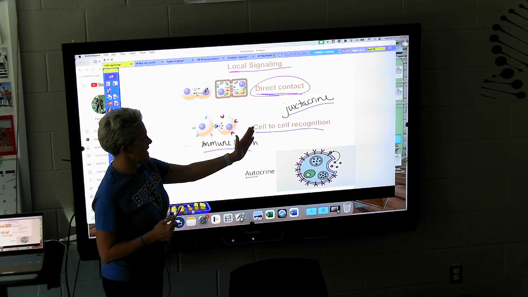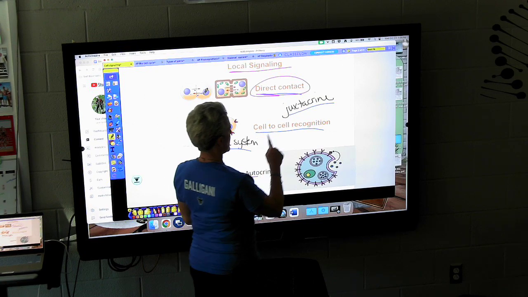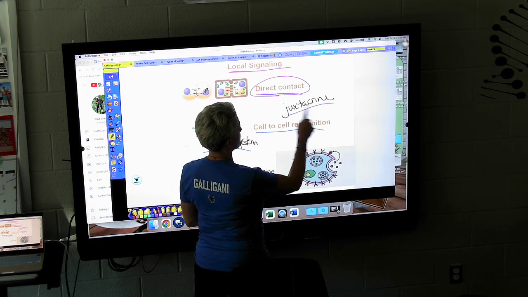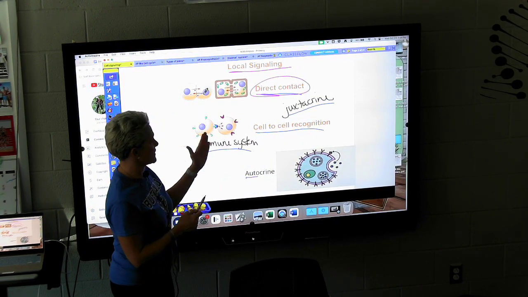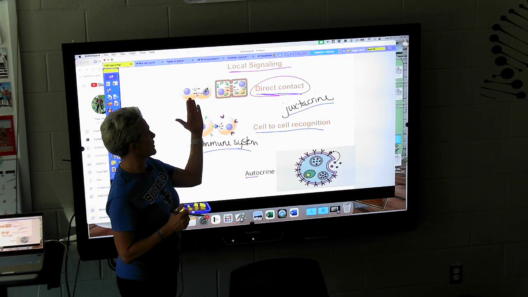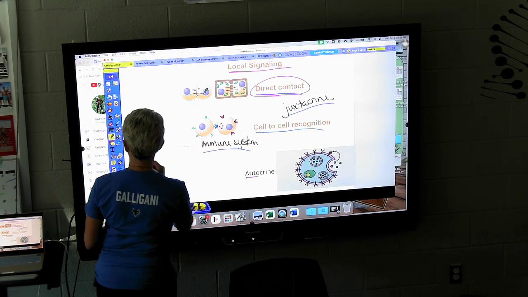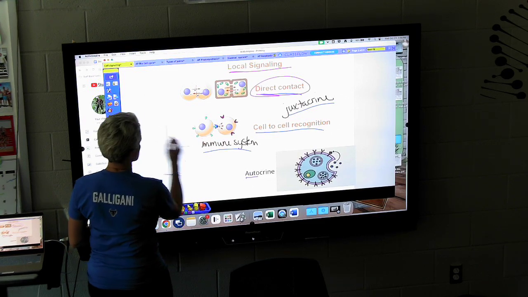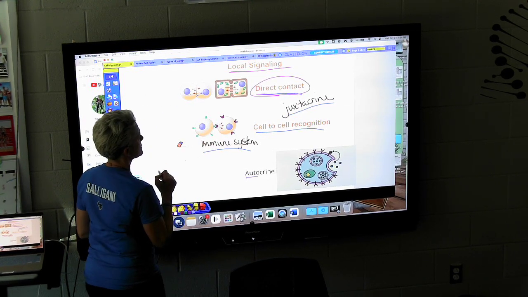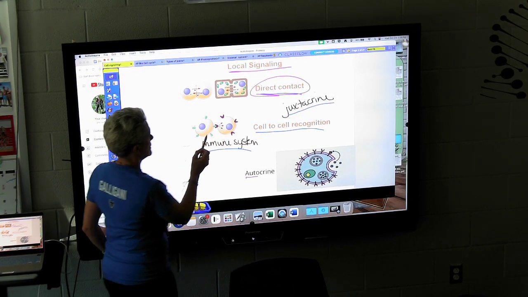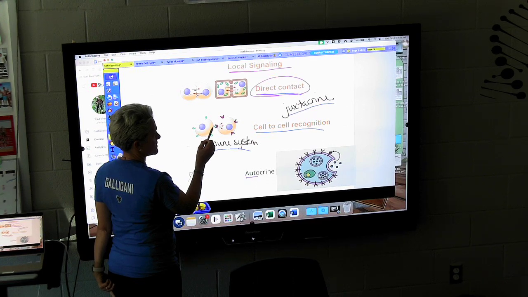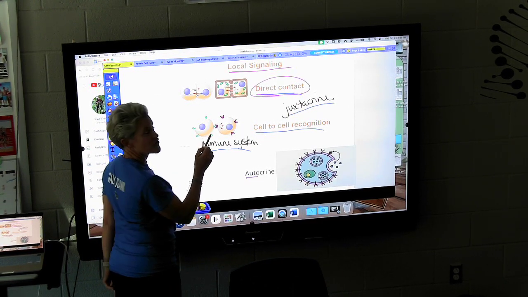Then there is juxtacrine, when the cells are touching each other. There's another way to do it where you're not going through the cell membrane, but here, let me erase this so that you can see it. All right, so here a cell has a little piece on it, like a projection or a protein that has a certain shape.